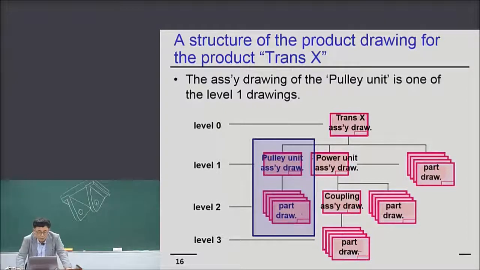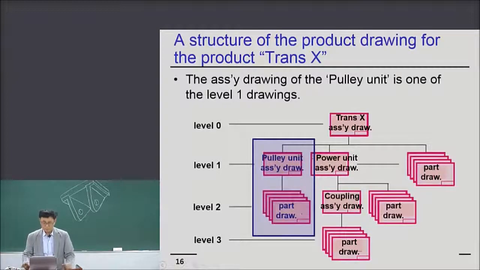So this is level zero, the transmission X assembly drawing. Transmission X has in level 1 a pulley unit assembly drawing, a power unit assembly drawing, and 4 part drawings.